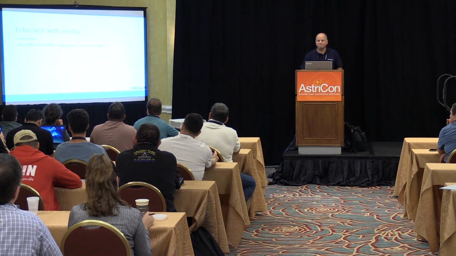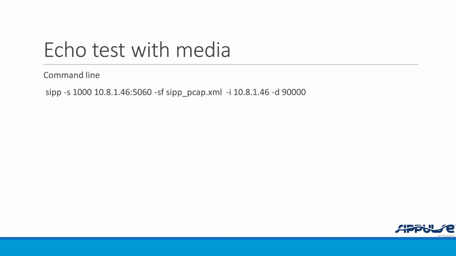Echo test with media. The next test was to do exactly the same test, but now with media, with a pickup file. So we send the G711 to the server. 1.5 minutes of call duration is more or less the average for business systems.